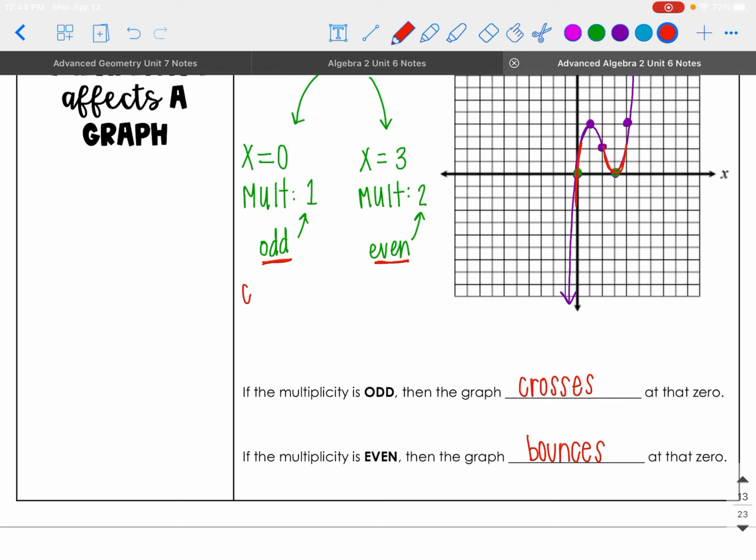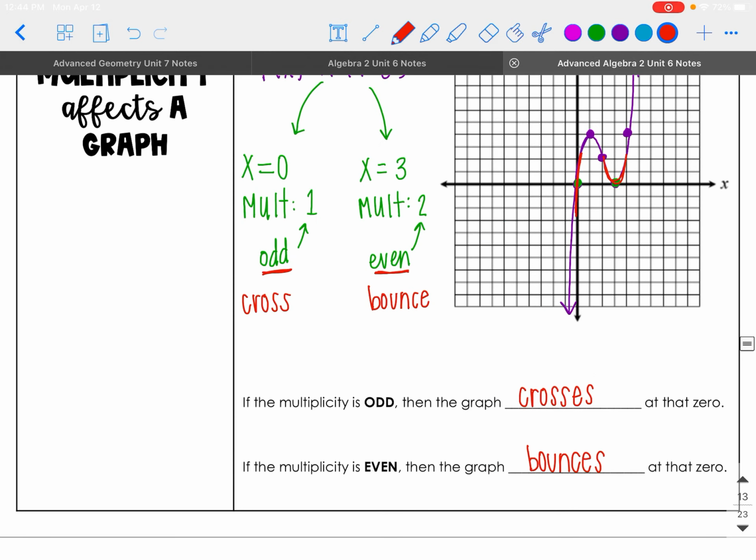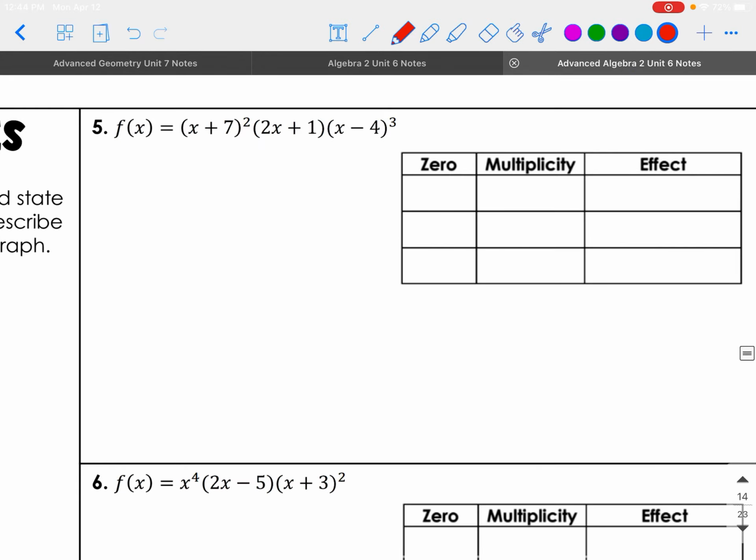If you have a hard time remembering that, the word cross has an odd number of letters and the word bounce has an even number of letters. So let's do some examples. We are going to figure out what the 0 or the x-intercept is, determine the multiplicity, and tell if it bounces or crosses. And if you can do these in your head without writing the x plus 7 equals 0, by all means you can do that.